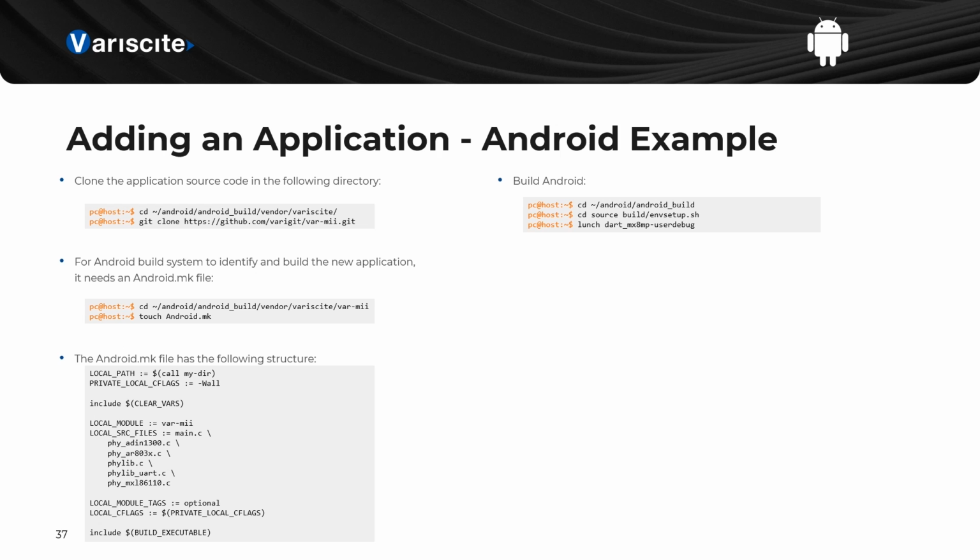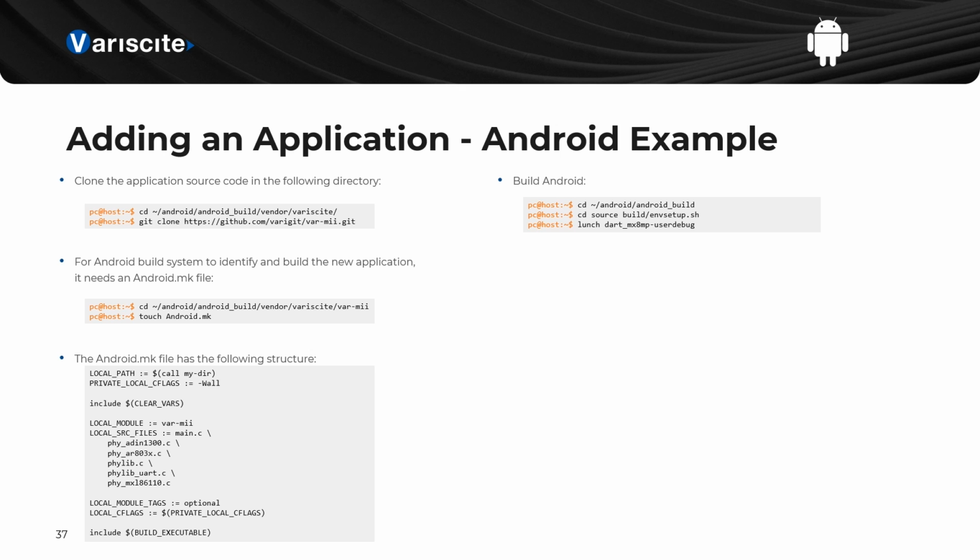Here we have another example of how you add an application to Android, but here we have a much simpler application. Even though the process is the same, the configuration is much simpler as the source code requires fewer instructions in the Android.mk file.